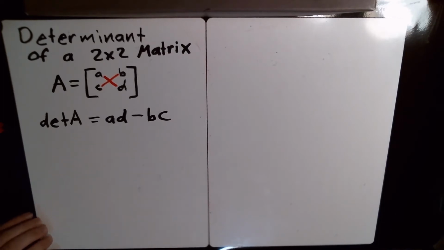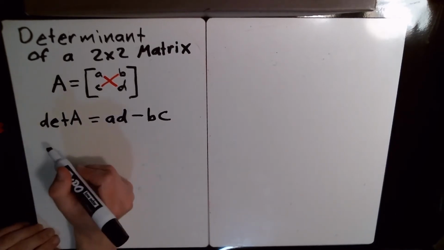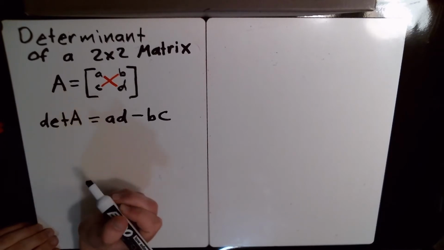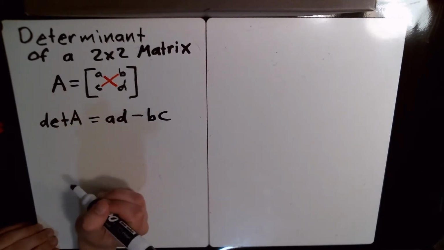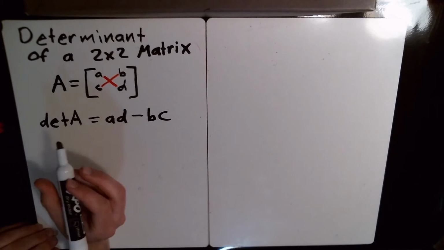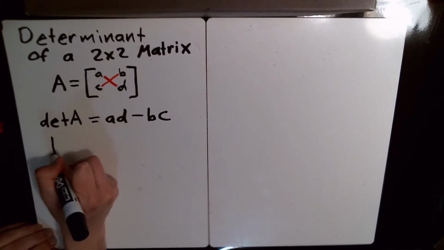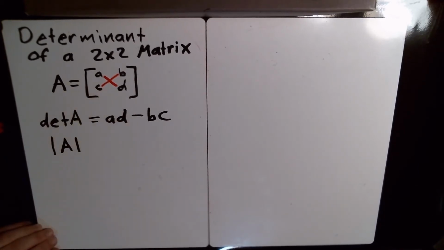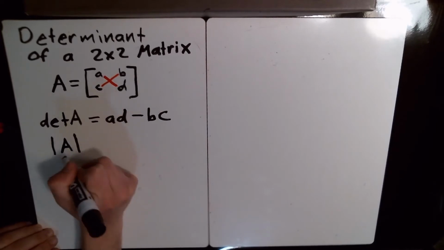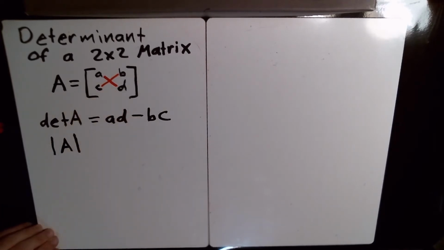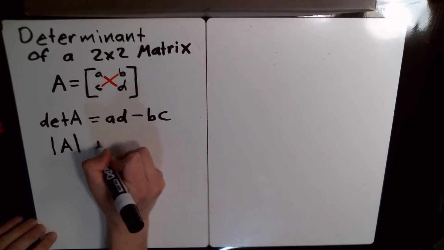Some other notations that mean the exact same thing: you could write bars around A, like absolute value bars around the matrix.